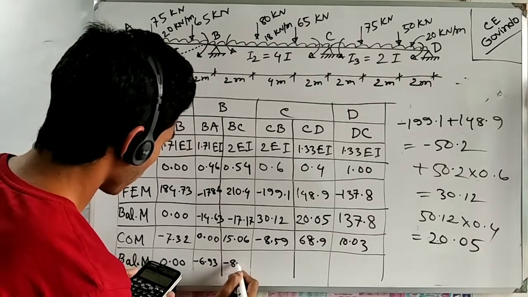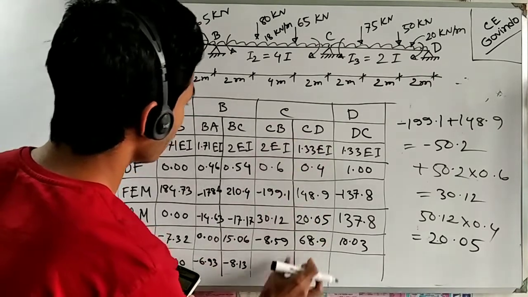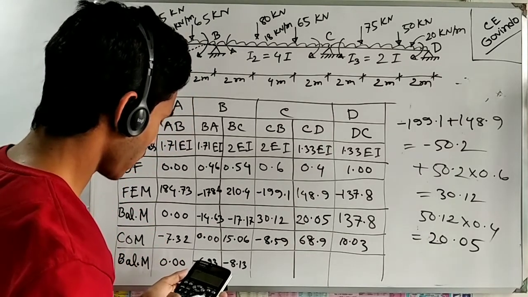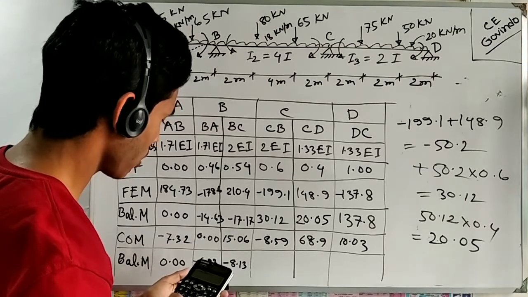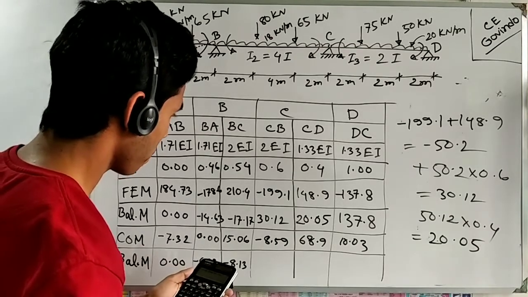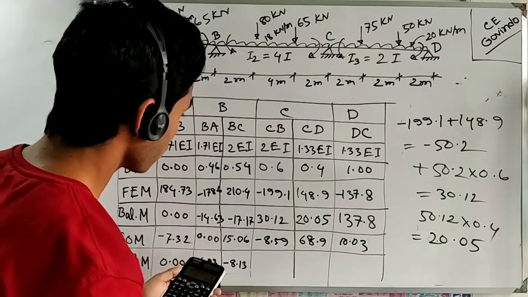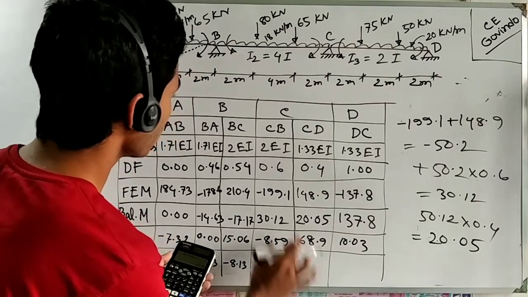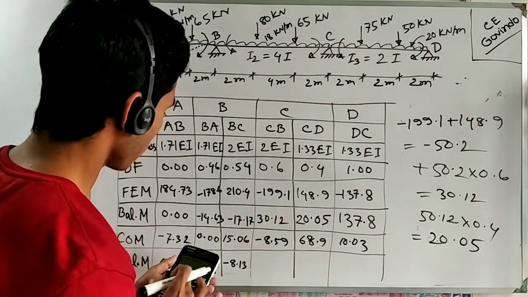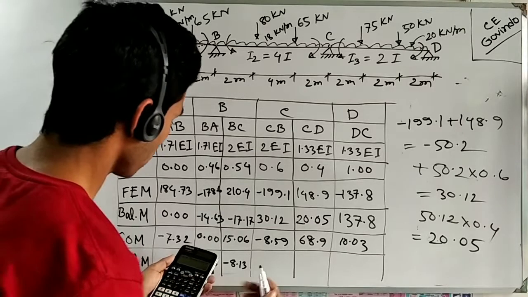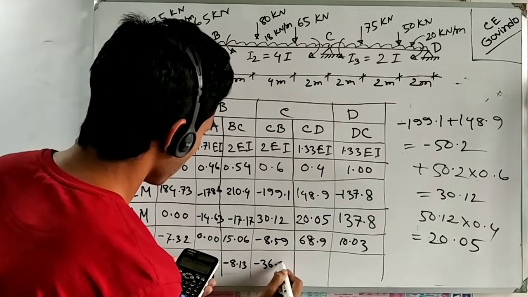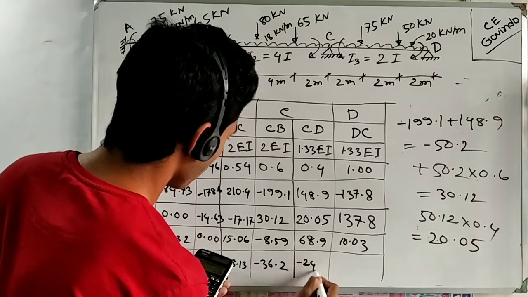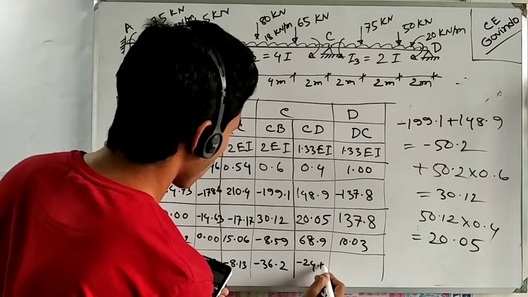We have minus 8.13. And for joint C we have unbalanced moment minus 8.59 plus 68.9, so we have unbalanced moment 60.31, and of this 60.31, 60% will be carried by this member, that is multiplied by 0.6, minus 36.2, and for this member minus 24.12.